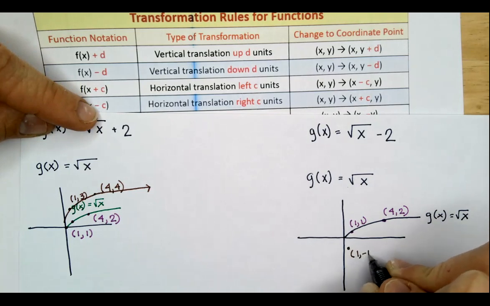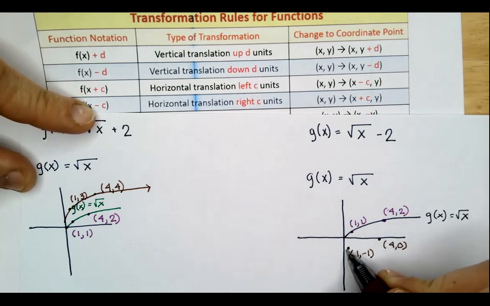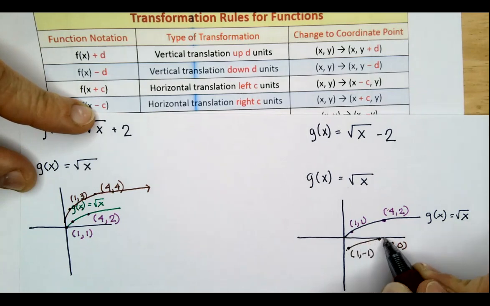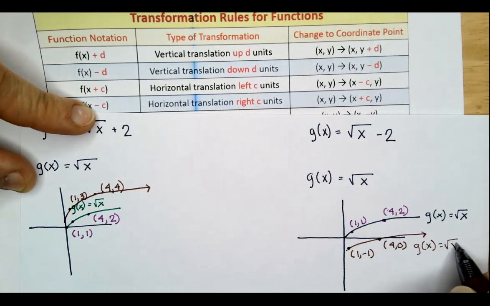Sorry, you can't see that. So that's 1, negative 1. 4, 2 is going to be 4, 0, because 2 minus 2 is 0. So that's now the graph of g of x is the square root of x minus 2.